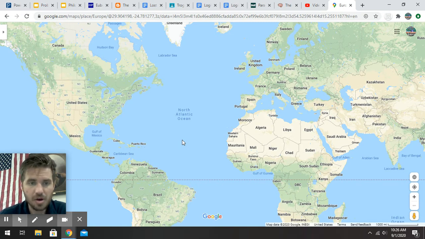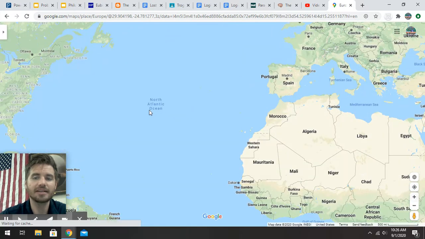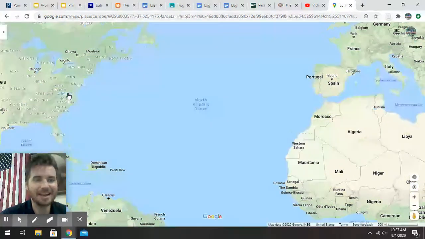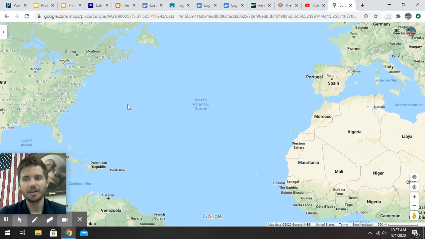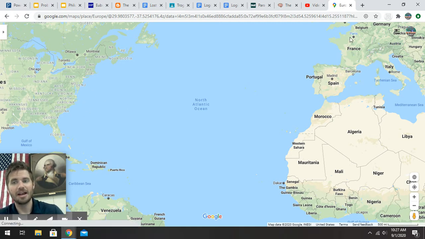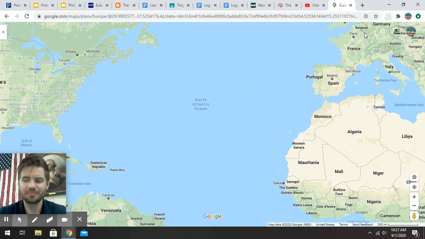From here, though, we are going to look at the next colony, which is Jamestown, in Virginia. Just to give you a little bit of a heads up, the Jamestown colony's initial mission is to do two things: to set up a colony so that they can set up trade between the New World and the United Kingdom.